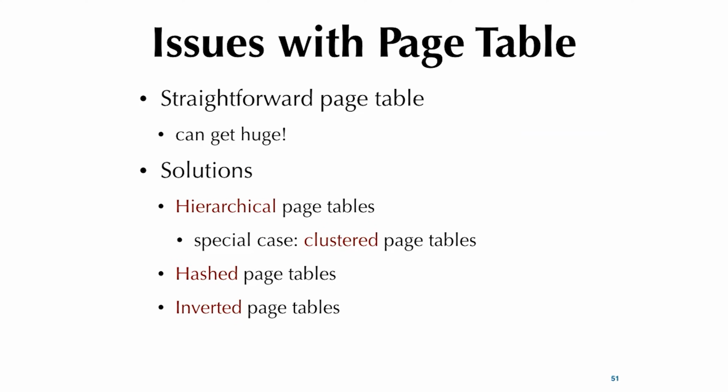Okay. Now, there are issues with page tables, especially as processors become more capable of addressing larger address spaces. In the last decade, we've seen a shift from 32-bit addresses to 64-bit.